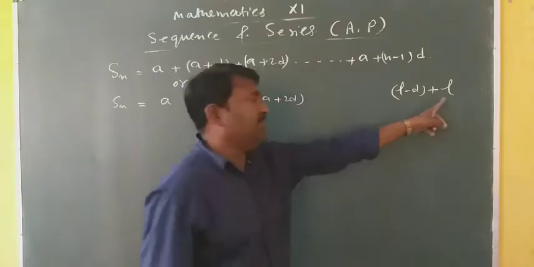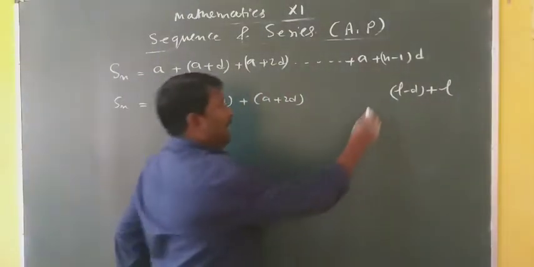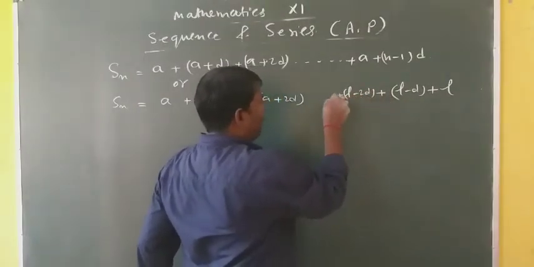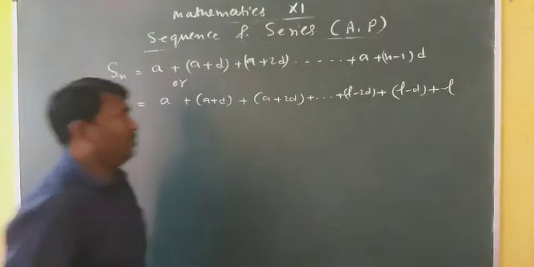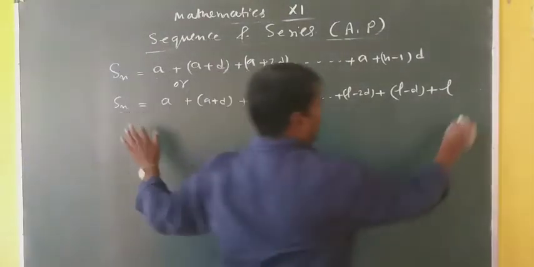Okay, since the common difference is d here, also the common difference is d, and its second last should be L minus 2d, plus and so on. Okay, now you can write it like this.